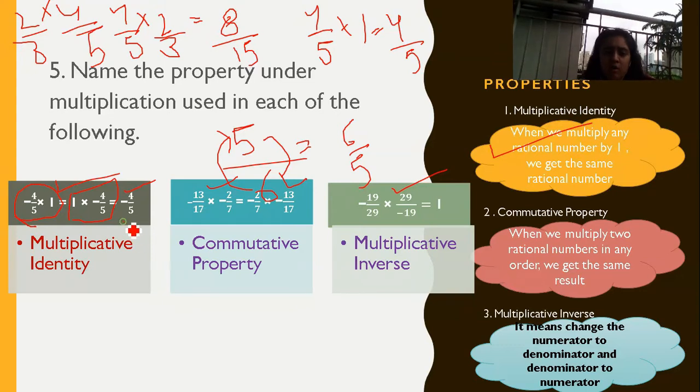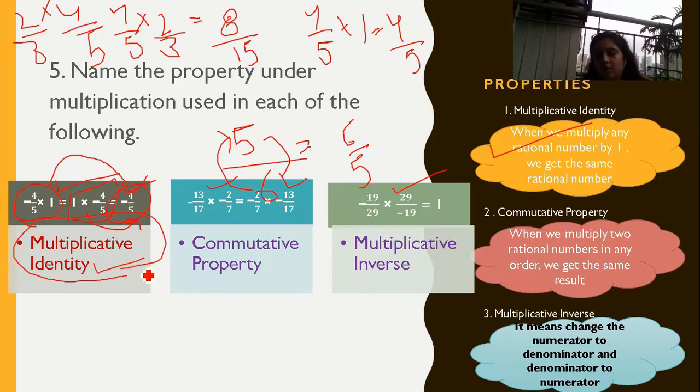So the answer is minus 4 upon 5. It means when they multiplied minus 4 upon 5 by 1, they got minus 4 upon 5, and when they multiplied 1 by minus 4 upon 5, they got minus 4 upon 5. That is the same rational number. So we will say that the multiplicative identity is used in this part.